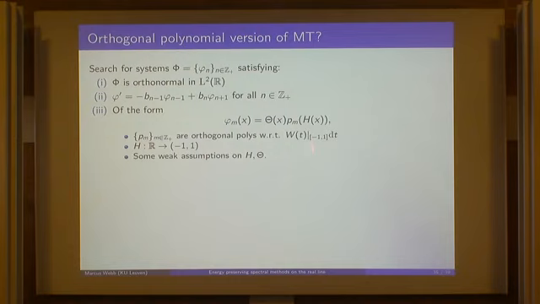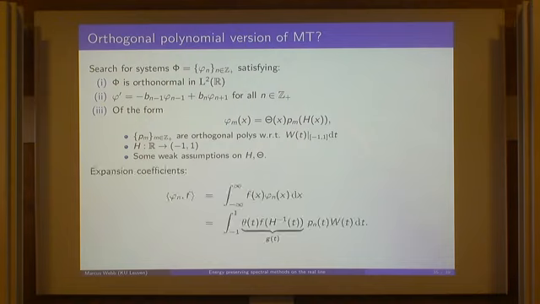A map h, which takes the real line to the interval -1, 1, with some weak assumptions. They're incredibly weak. Technical. If you're looking at functions of this form, then the expansion coefficients, because it's an orthonormal basis, remember the expansion coefficients in this basis of a function f, if you do the change of variables corresponding to h, then the coefficients are not Fourier coefficients, they're orthogonal polynomial coefficients.